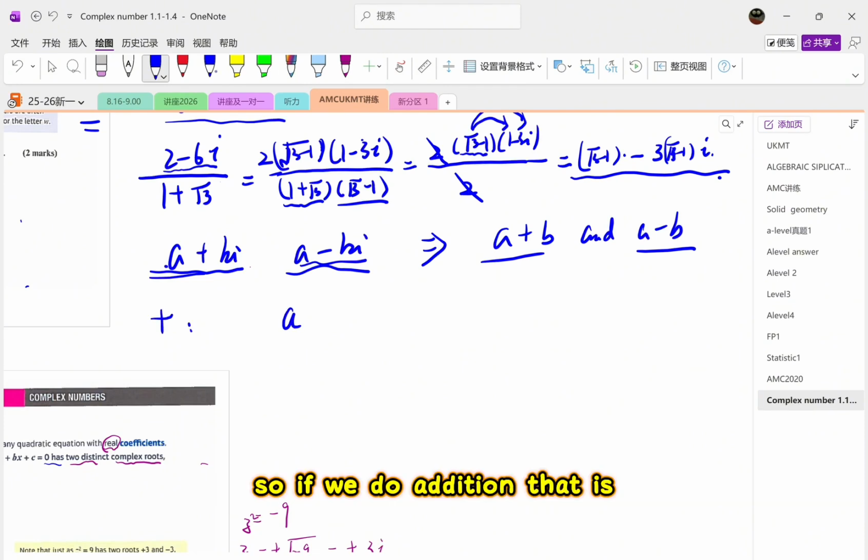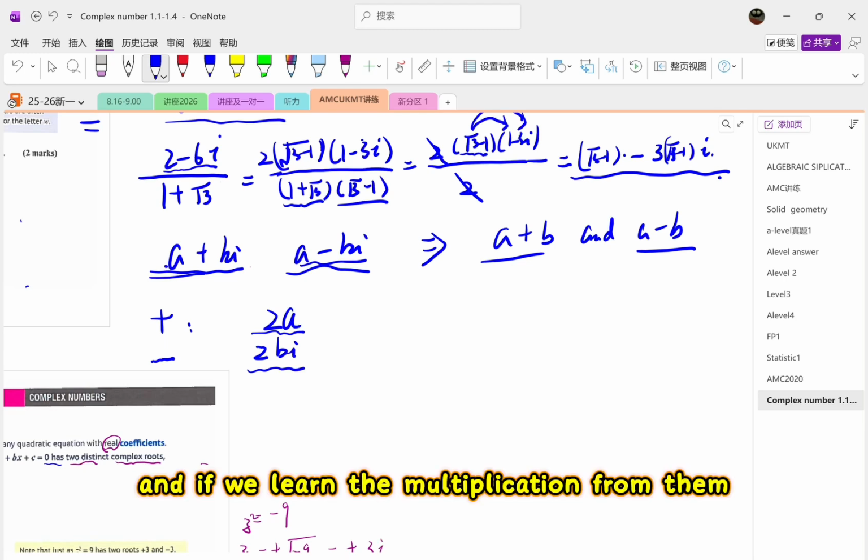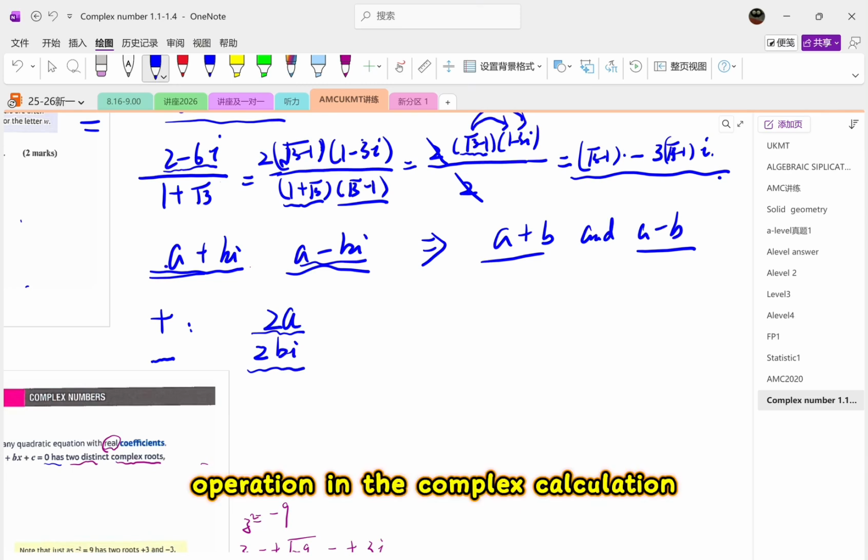If we do addition, that is 2a, and if we do the subtraction, this is 2bi. And if we learn the multiplication of them, we will know more about the conjugation operation in complex calculation.